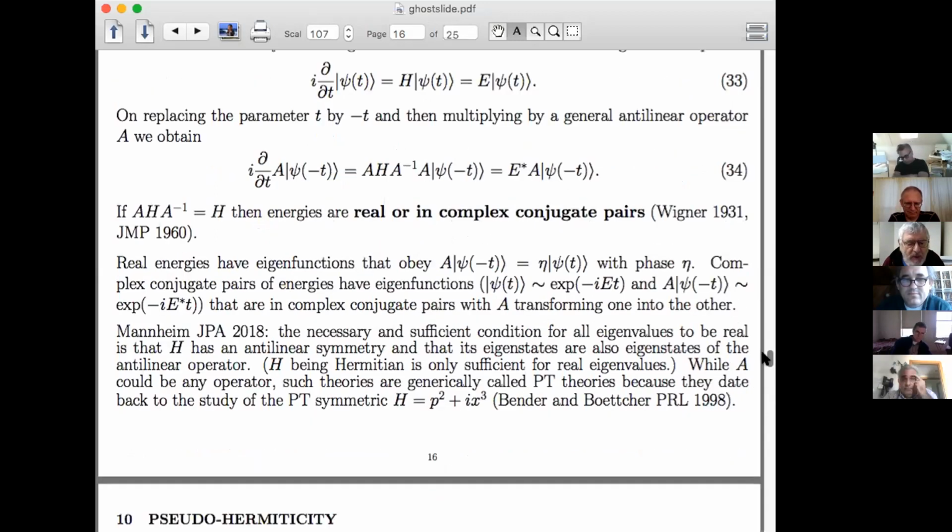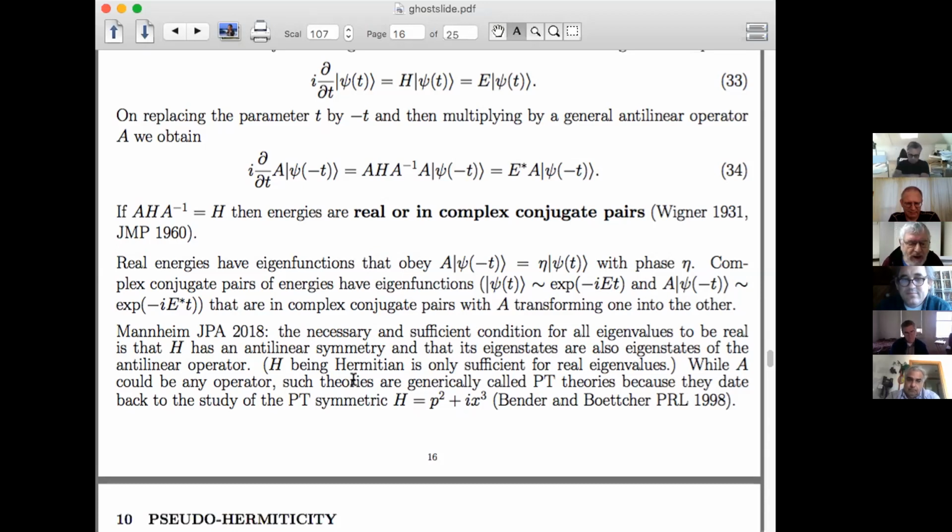In a paper I wrote in J. Phys. A, I showed that the necessary and sufficient condition for all eigenvalues to be real is that H has an antilinear symmetry, and that its eigenstates are also eigenstates of the antilinear operator. H being Hermitian is only sufficient for real eigenvalues.